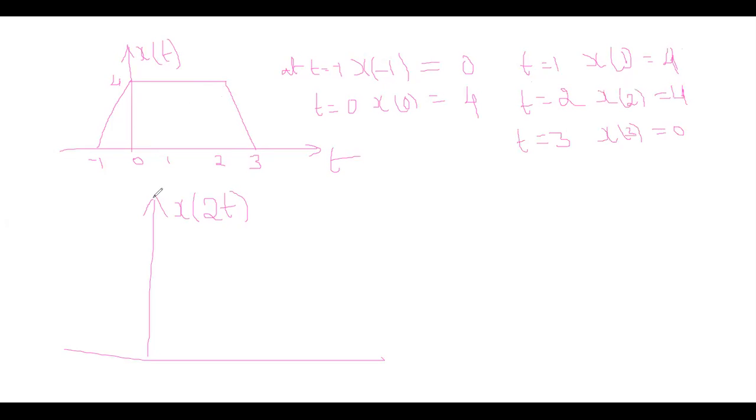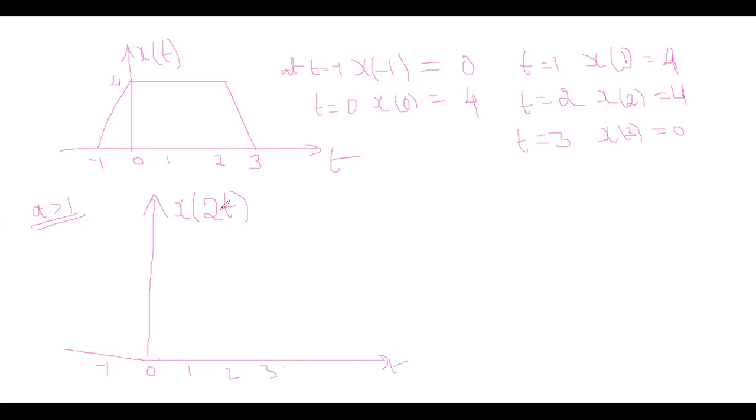Now you have to draw x of 2t with the scaling of 2 as a is greater than 1. So -1, 0, 1, 2, 3 are the t values.